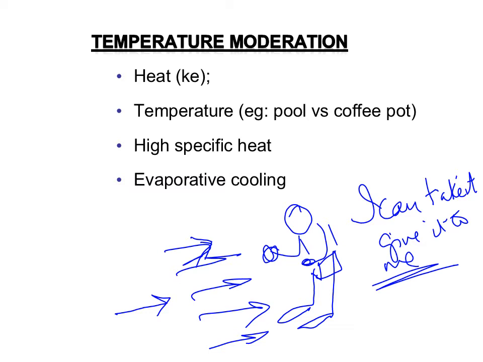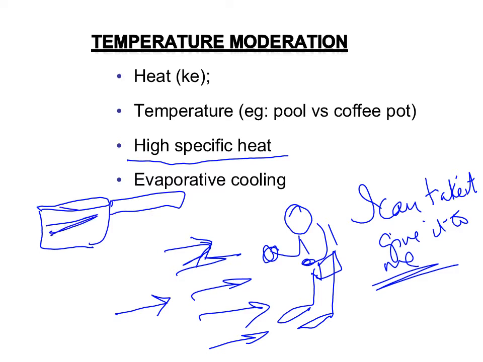Okay, meaning it has a very, very high specific heat. Another way to understand this is if you have a saucepan with a handle and you add water to it and heat it up, the saucepan will get hot faster.